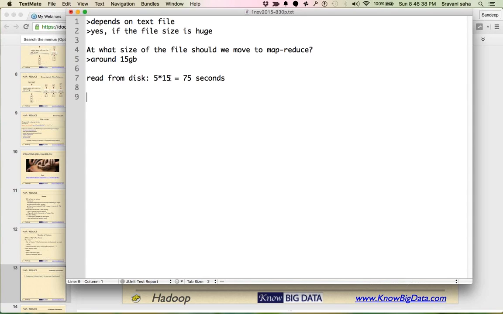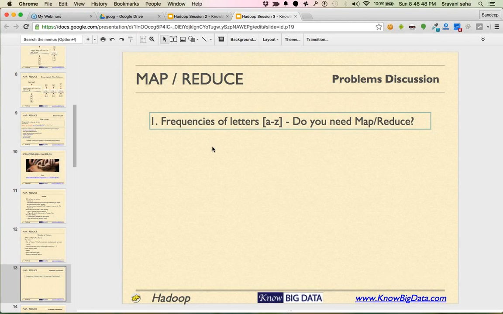Also, counting the frequencies of letters is not really a memory intensive task. All you have to do is maintain an array of letters in memory.